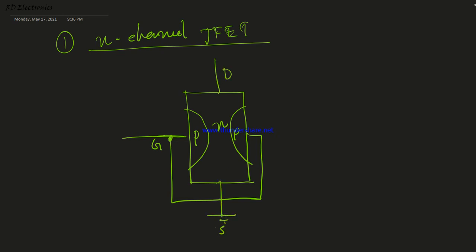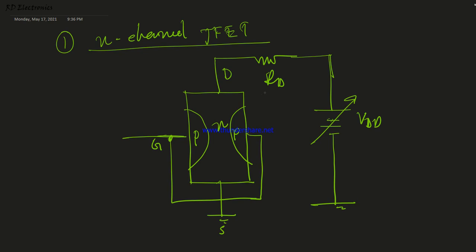So first of all, for common source characteristics, we connect here one resistance RD known as drain resistance, and here we connect one variable power supply, known as VDD, and the voltage across drain to source is known as VDS.